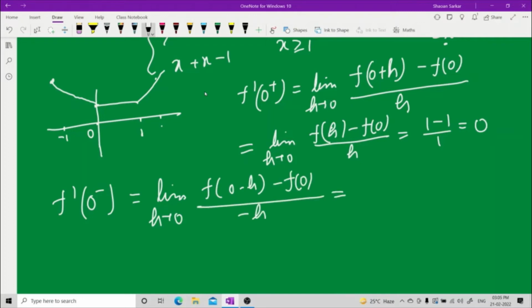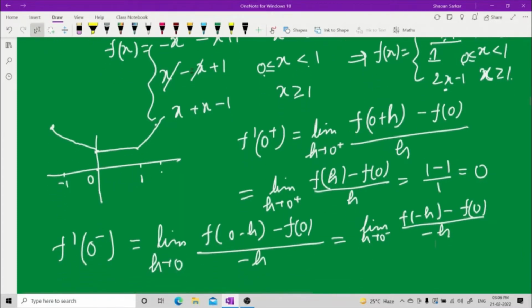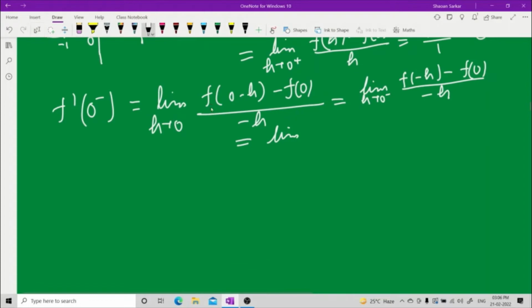So we will have to take this function. You have the limit as h tends to 0- of (f(-h) - f(0))/(-h). So now this will become the limit as h tends to 0- of (-2(-h) + 1 - 1)/(-h).